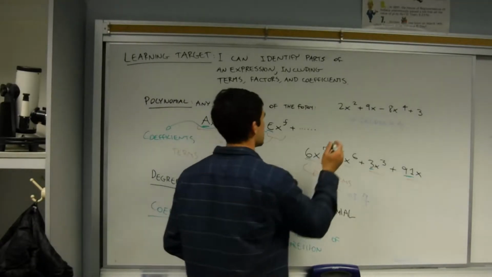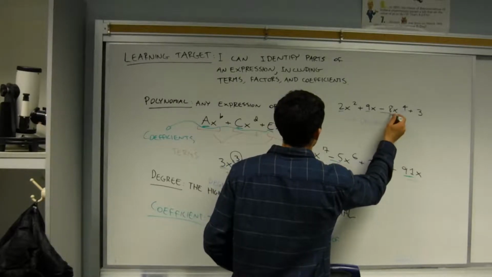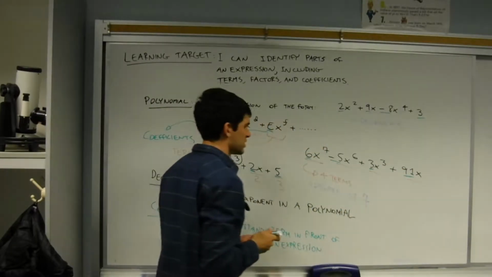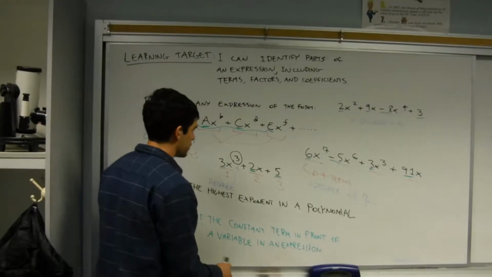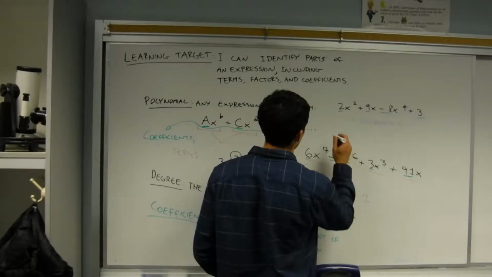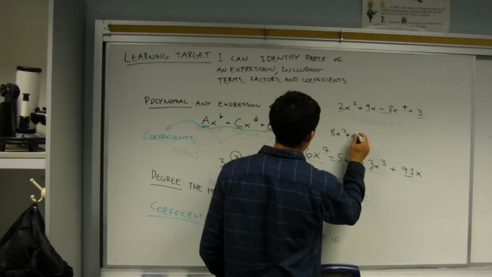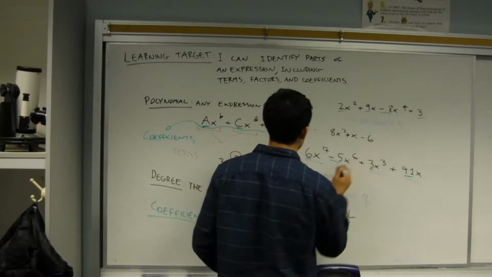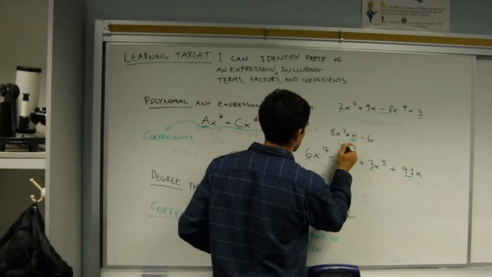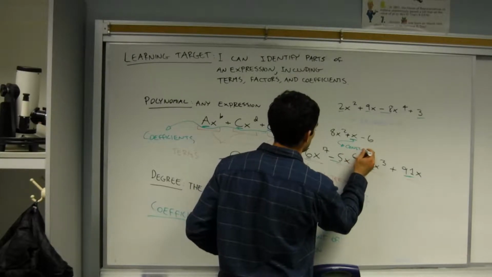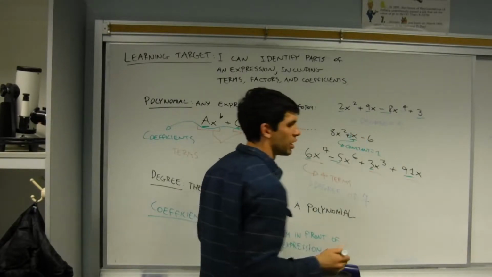And then again in this case, this constant is 2. This constant is 9. This constant is negative 8. And this constant is 3. Additionally, suppose we have the polynomial 8x squared plus x minus 6. The constant of this term would be 1, because we could imagine that there's a 1 here.